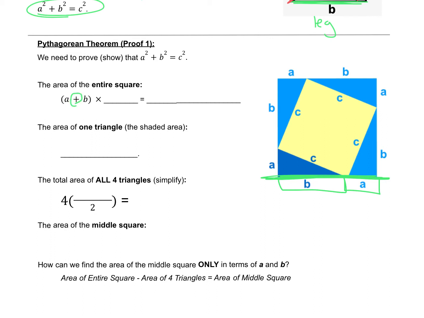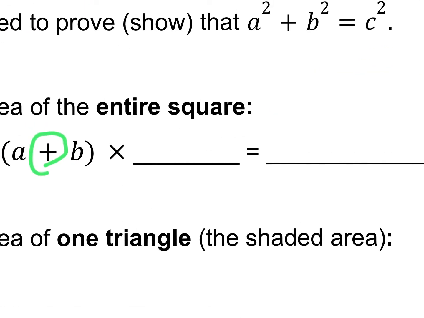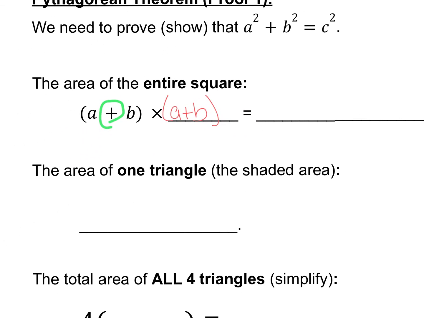So that's where that plus came from. I'm just adding those. Okay. Well, then if I look at the other side, let's do this one in red. Well, this one also has an A and a B. And since we want to combine them, that's going to be A plus B. And we're going to throw those in parentheses so that we don't get them confused.